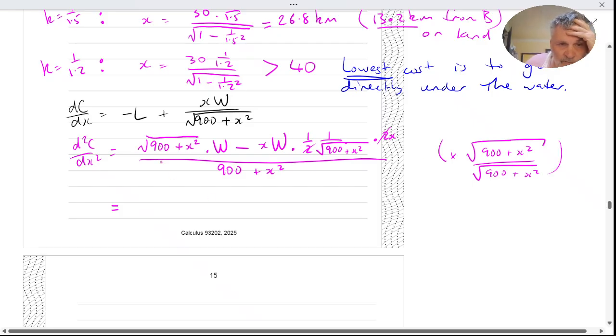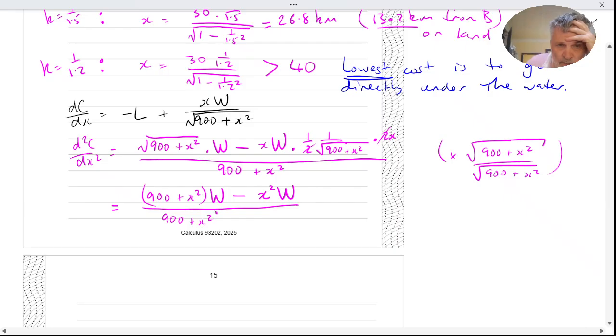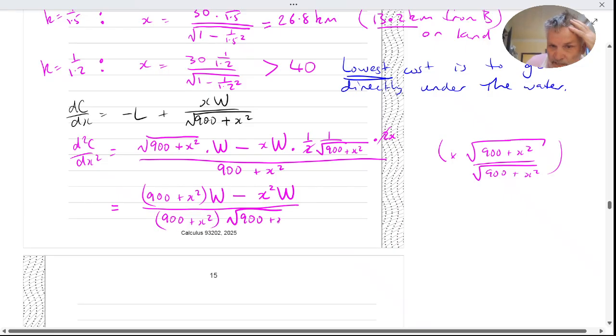When we multiply by the root of 900 plus x squared, we just lose the square root part there, and here it cancels, so we get minus x squared w, x times w, and on the bottom we get 900 plus x squared times the square root of 900 plus x squared.